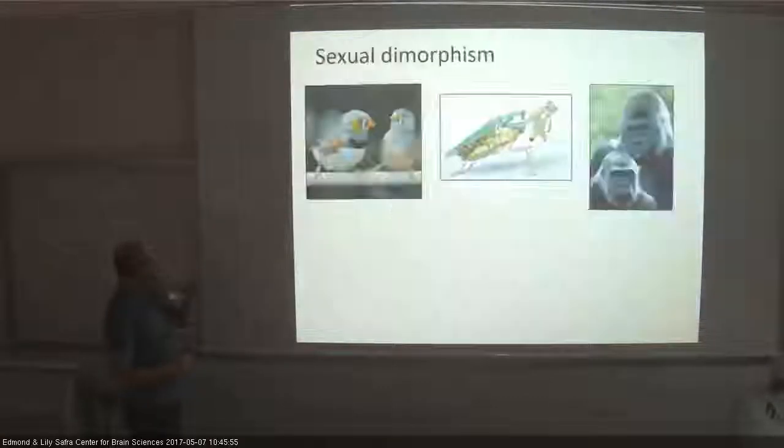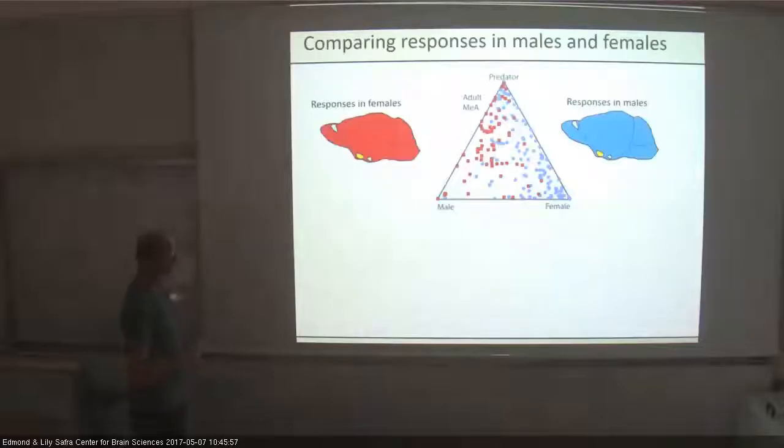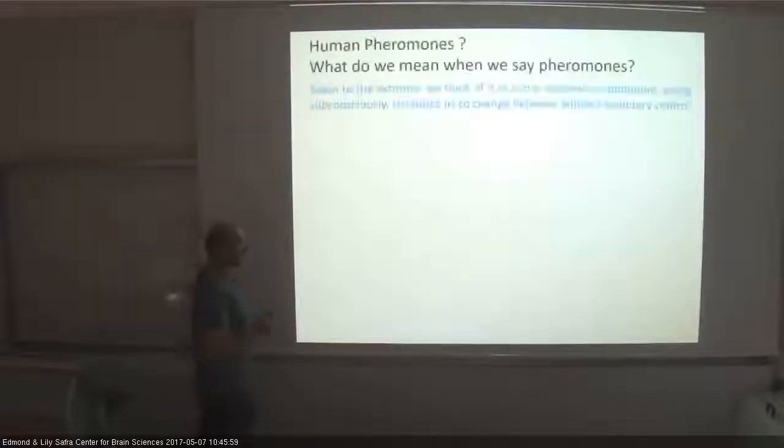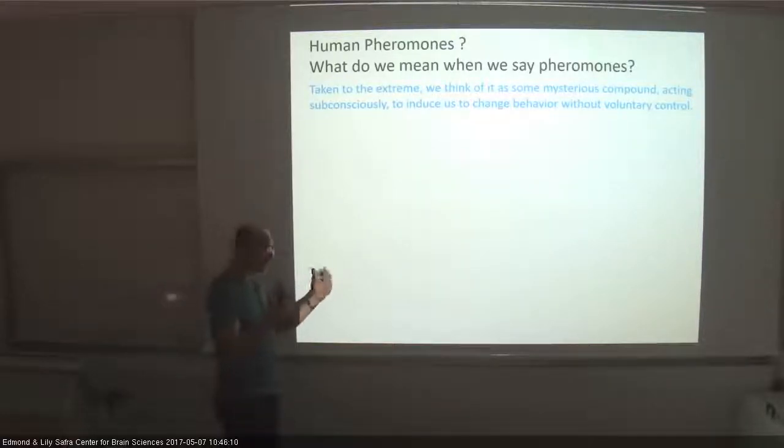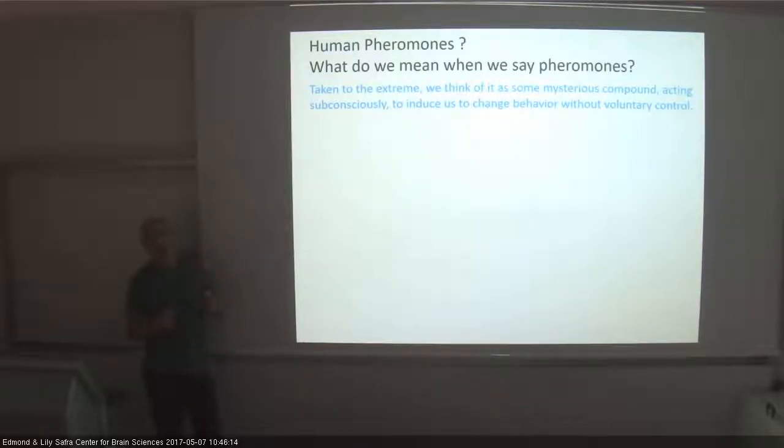The other thing that I would have shown you about the amygdala is that we actually have a sexually dimorphic pattern of responses in the medial amygdala. So male and female amygdalas, at least in mice, are different. The responses of neurons in the amygdala of females are much more sensitive to urine of males, and in male amygdalas, the neurons are much more sensitive to the urine of females.